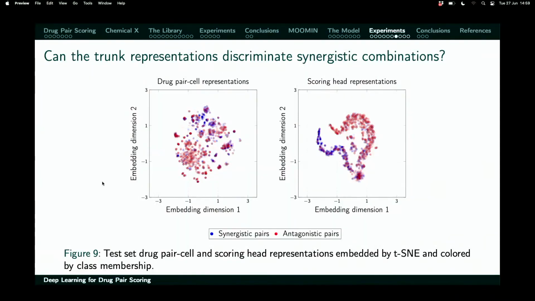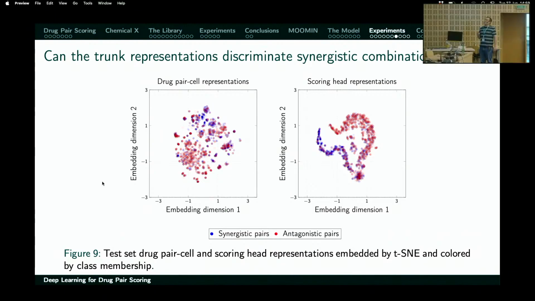So one of the things that we observed is that there is already early clustering based on the trunk representation. In this case, the trunk representation has this form of multiscale drug representation for drug A, multiscale drug representation for drug B, and the cancer cell line. We observed this early clustering, and that is the result of a few things. One is that there are going to be drugs that have a higher probability than the average to be synergistic.